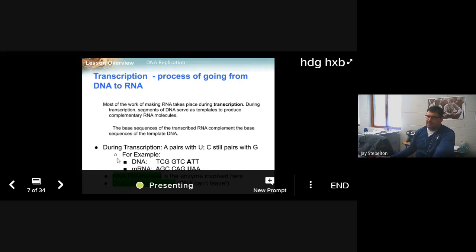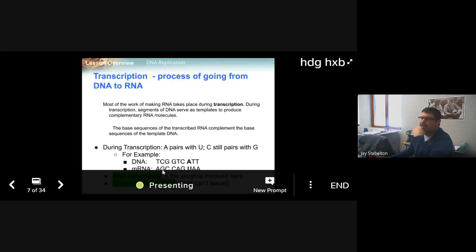So we're looking at this DNA strand right here. What we're doing now is we break the DNA into three letters. We call those codons, three-letter codons. So for the first three letters, TCG, the message is AGC.